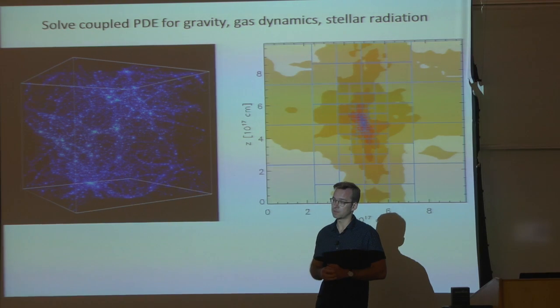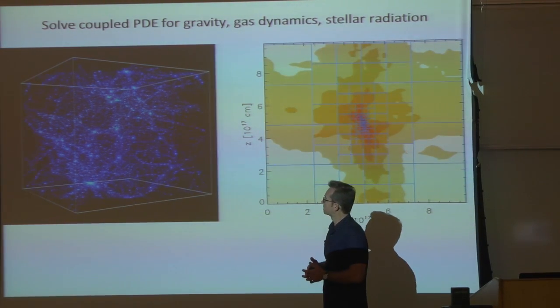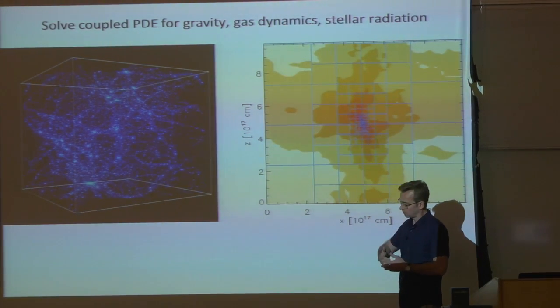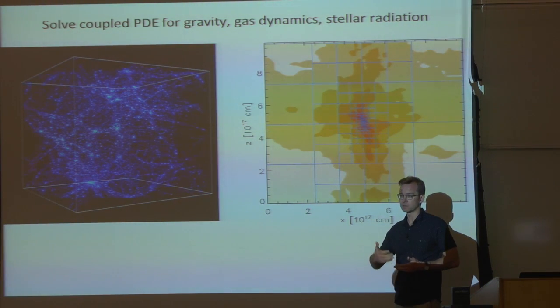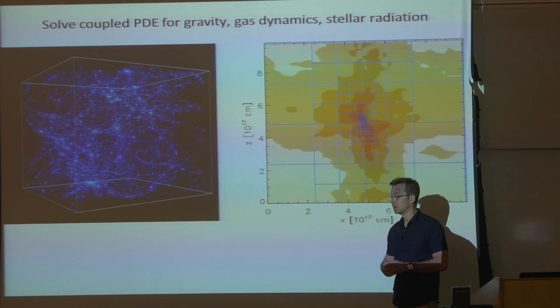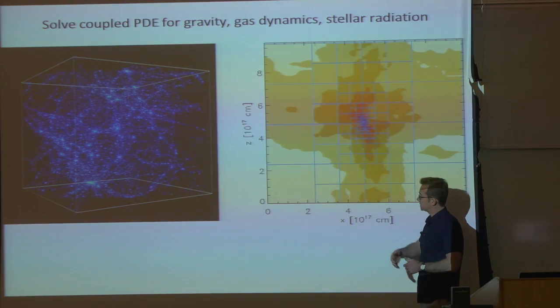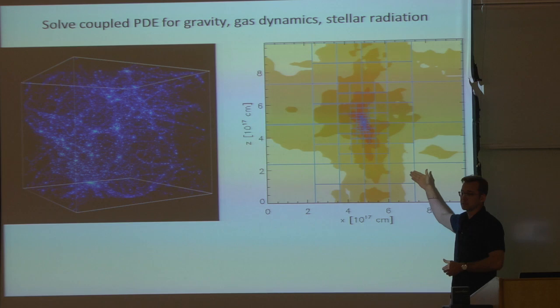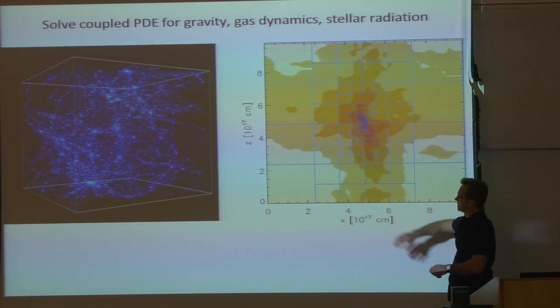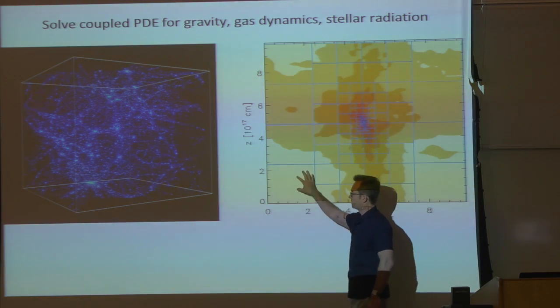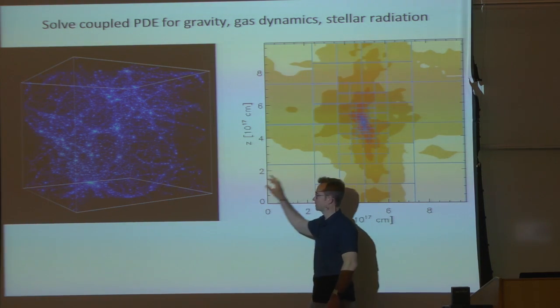They're all solved on a grid with some approximation. So all differential equations are transformed into finite difference equations, into algebraic equations, which we can then solve. And usually space is discretized in cells, in smaller pieces. What you can see here, this grid structure does not correspond to this image.